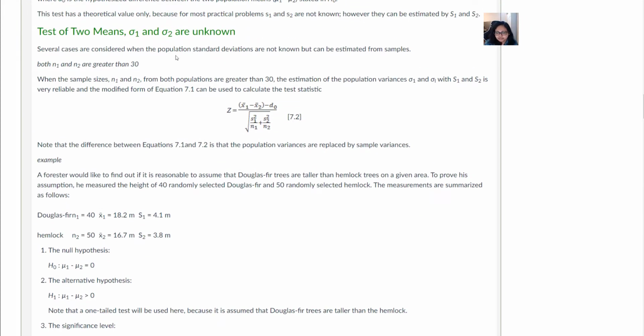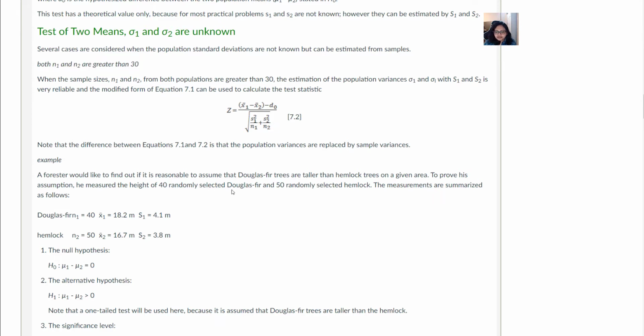If the sample sizes are large, then we can go for using Z, and what you have to do is just take the difference between the sample means, take the difference between the population means, and then use the combined estimate of the standard deviation from the two samples.